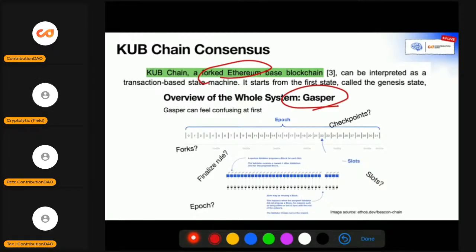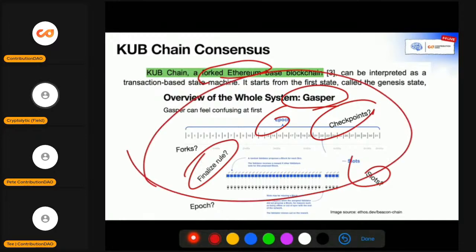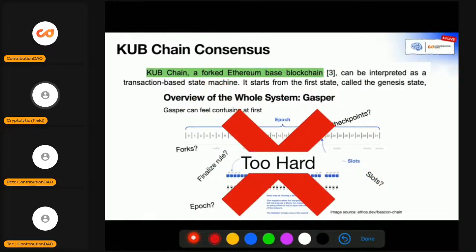So it may have checkpoint, slot, epoch, finalization rule, forks, some stuff like that, but the whole of it is quite complex, and KUB is not going to use that. And why is it complex?